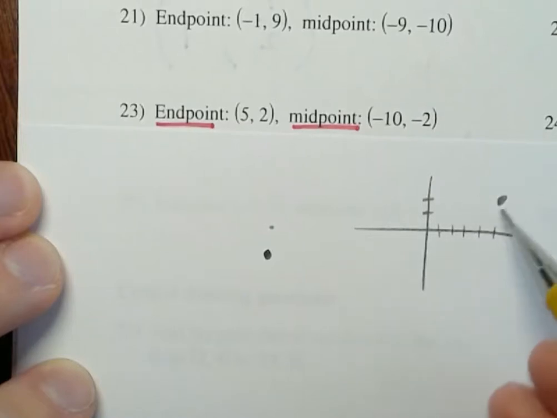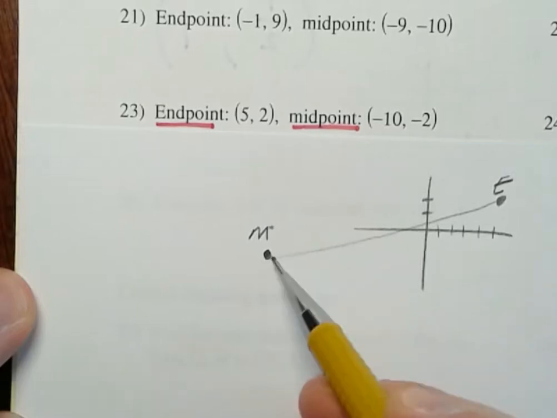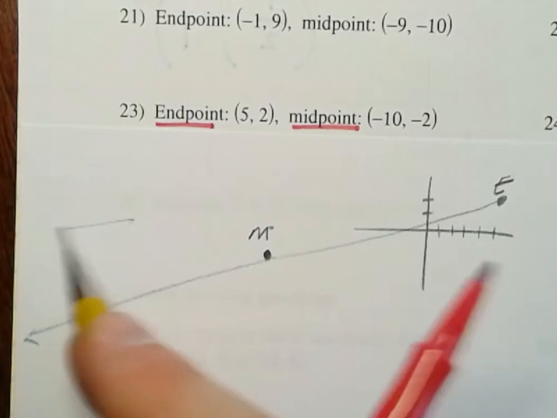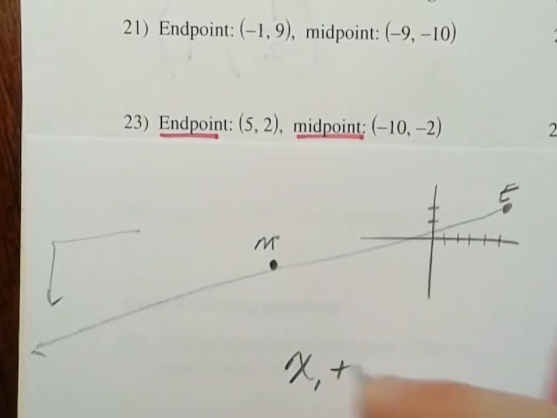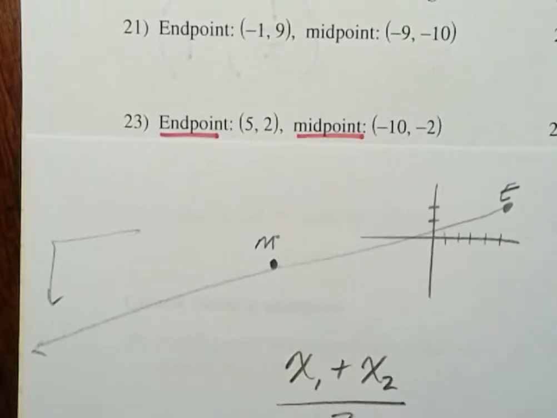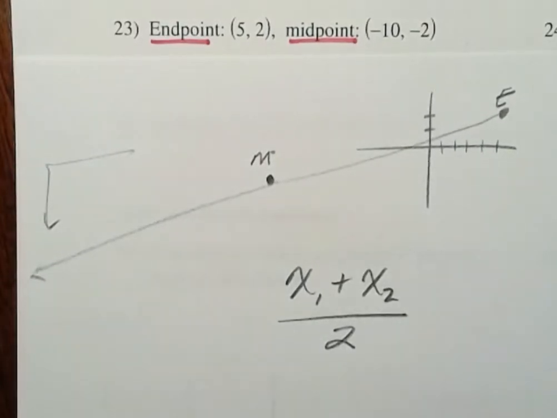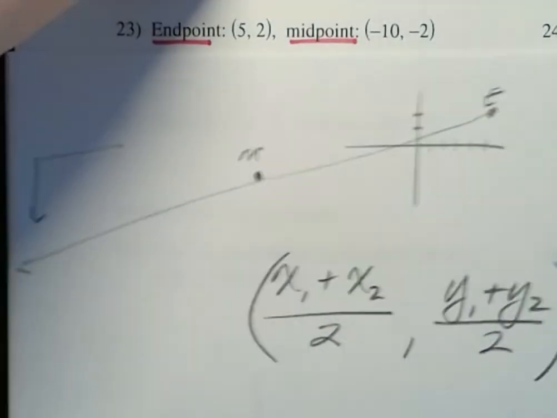Okay, and so if this is an endpoint and this is the midpoint, then I'm going to be doing something coming in this direction and then going in the same direction again. So I'm going to be way in the negatives, way down here, way out and down. Okay, way negative. So let's think about that. If we have x1 plus x2 over 2 and y1 plus y2 over 2, and that is our actual midpoint.